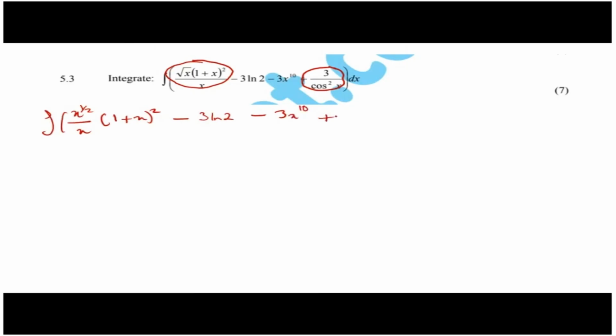Then plus, here we can simplify it because this is 1 over cosec squared, times 3, which is the same thing as 3 sec squared x, because 1 over cos is sec. So this is 3 sec squared x dx. So that is for that one.